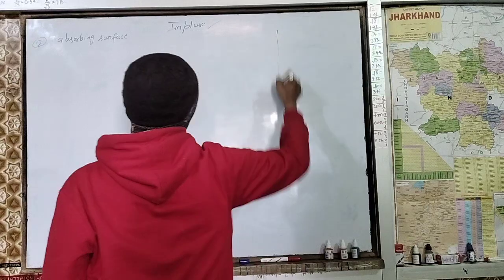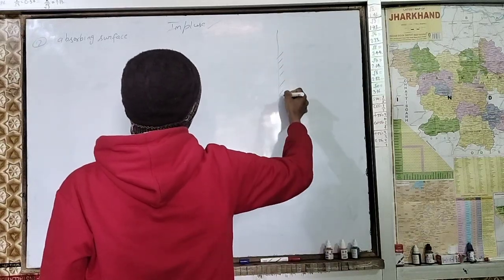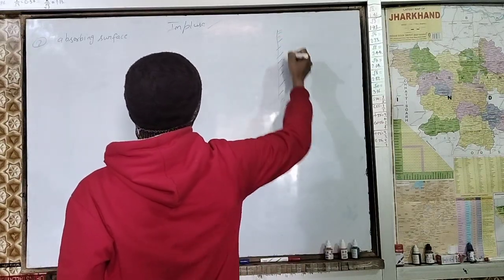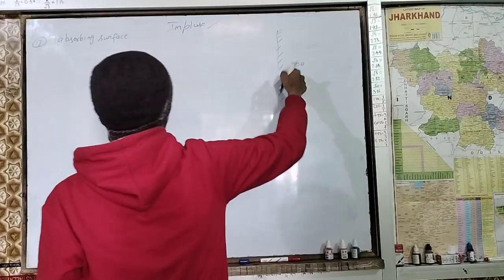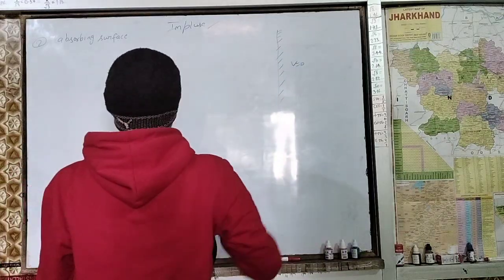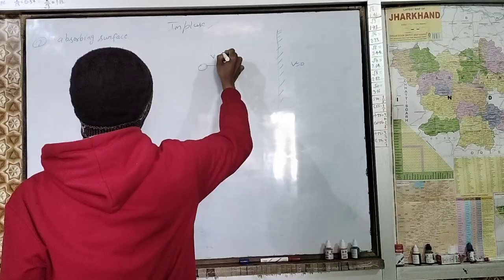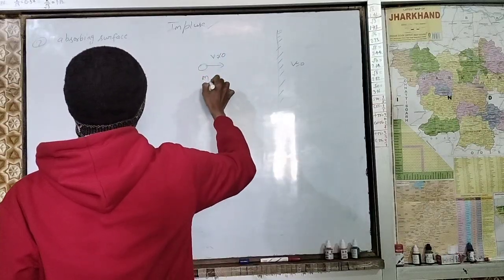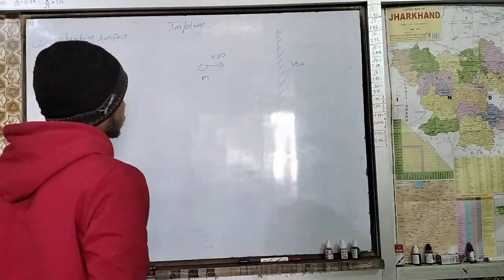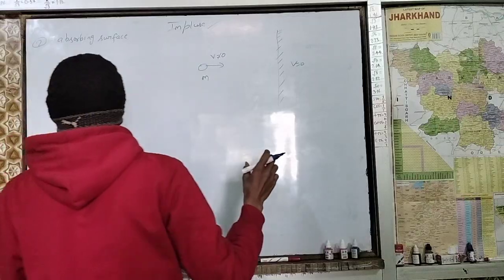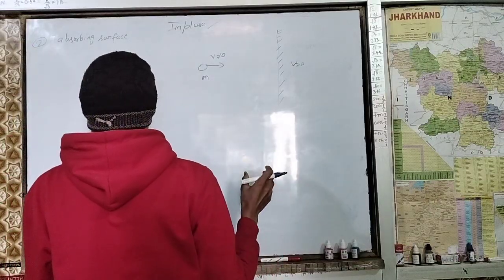There is a ball whose velocity is 0. This is the velocity of this ball. Now there is an object like this, and its velocity is something which is not equal to 0, mass m. Over here, the phenomenon is like this.